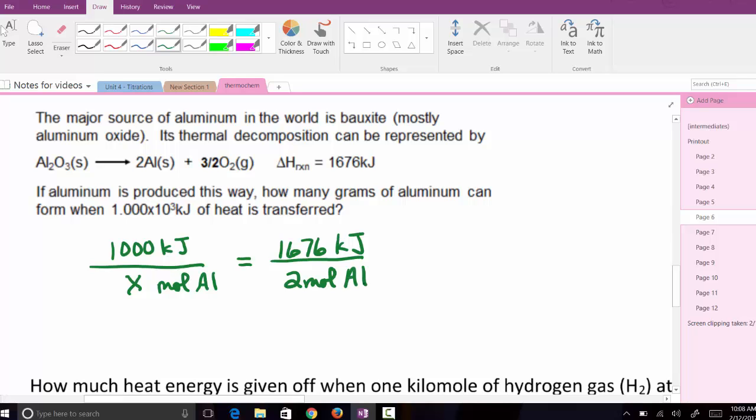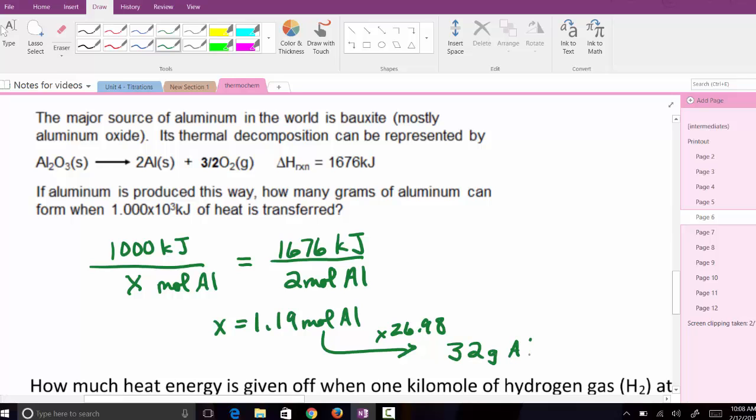So that divided by, so I'm getting 1.19, and that's my moles of aluminum, and then times its molar mass, and I get around 32 grams of aluminum would be produced with that much heat.